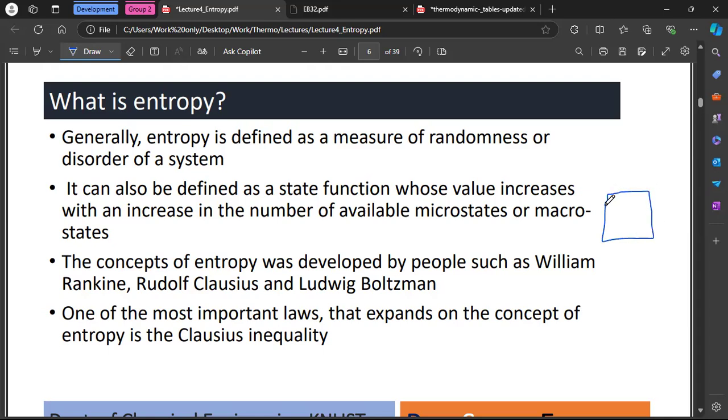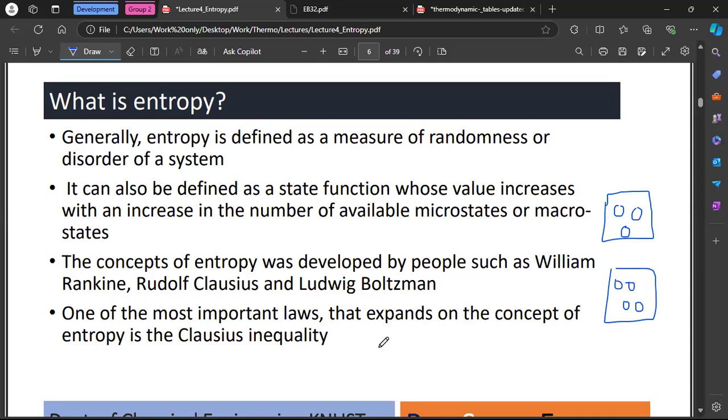Imagine I have a system this way, and the only available sites are 1, 2, and 3. These are the only available places that my molecule can occupy, right? And then I have another case where I have 1, 2, 3, and then 4.